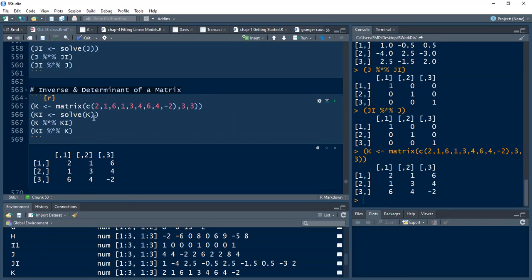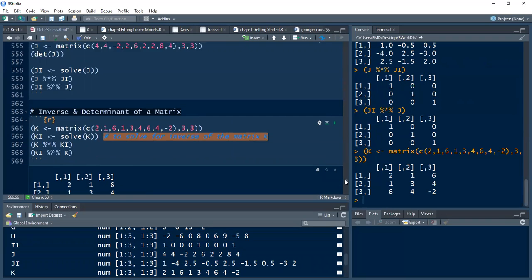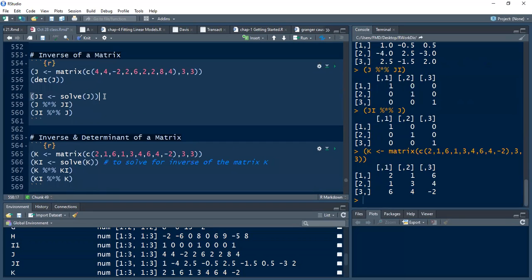And then let's get the, remember this is what? To solve for the inverse of the matrix K. You should have placed it here also as a comment, just for comment purposes.